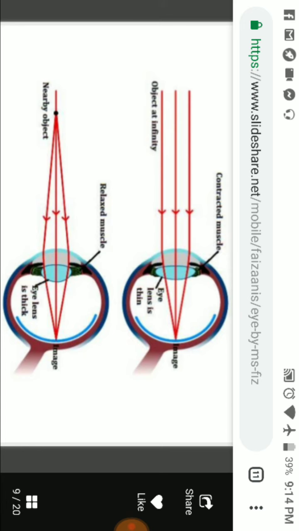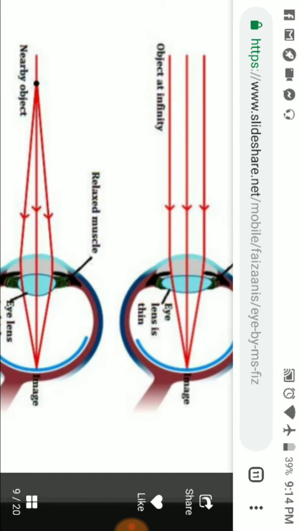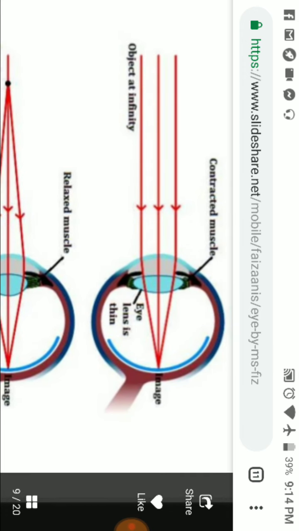If the lines are parallel, you say that the object is at infinity. And then the lens converges the light rays by the process of refraction. I did not say reflection, I said refraction.